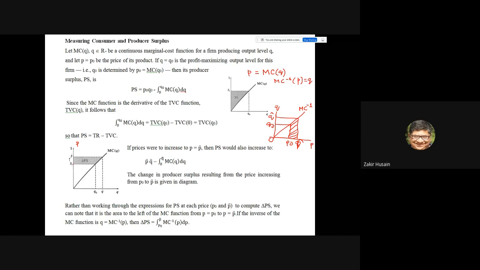Now this is the Y which we plot over here, this is the X, and we simply find the integral as we normally do from P0 to P hat.